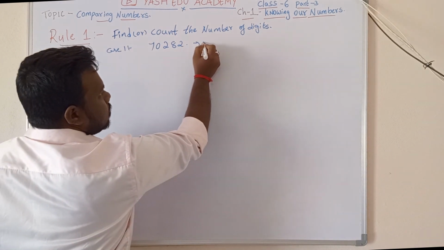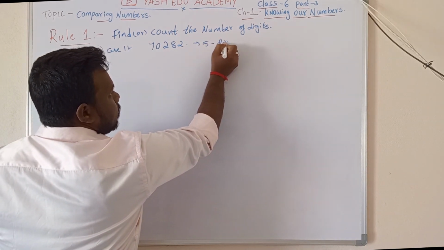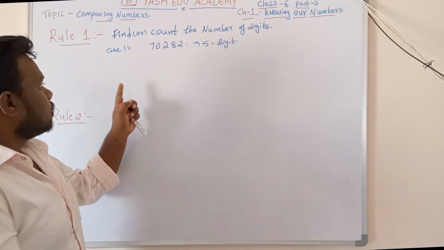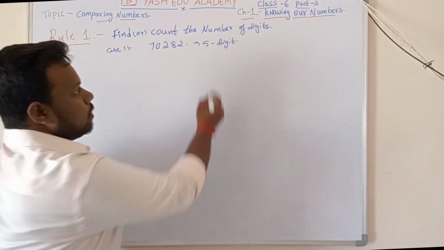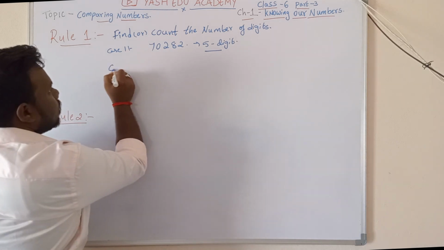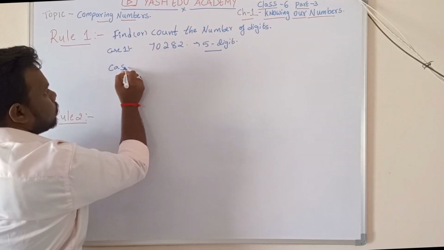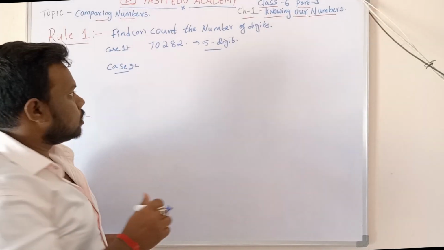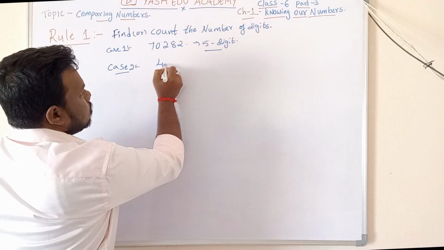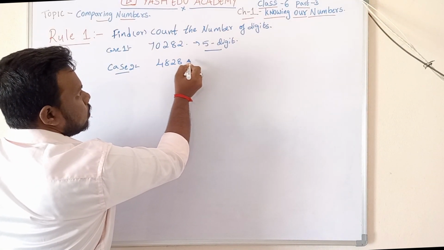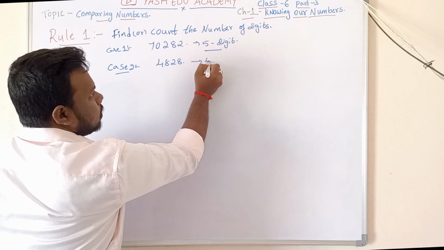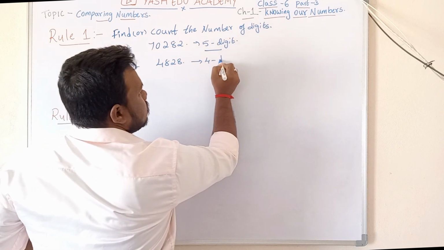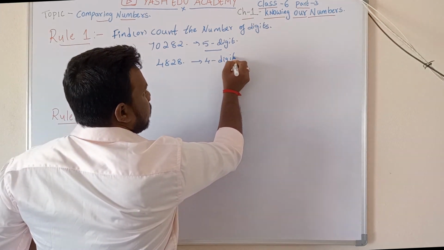This is a 5-digit number. In case 2 we are giving a 4-digit number, 4828. I am simply giving a rough example. Here it is a 4-digit number.